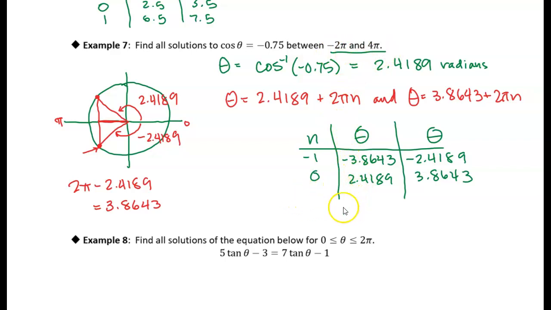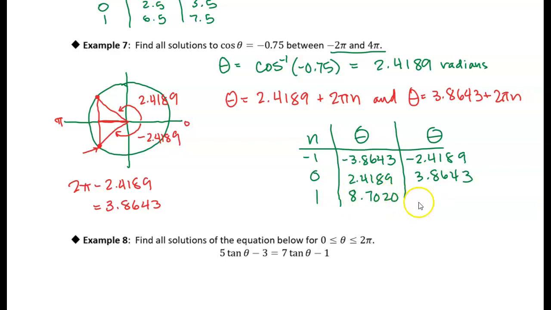All right. So let's go one cycle forward now, right? Because the cycle of cosine is 2 pi. So I need one cycle back, I need the 0 cycle, and I need to go one forward. So let's add 2 pi to 2.4189, and that will give me 8.7020.